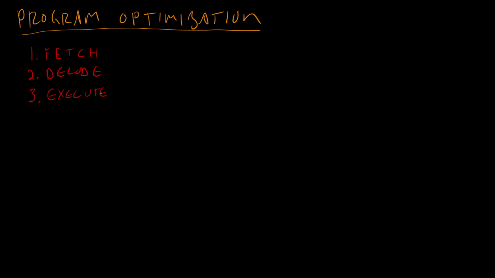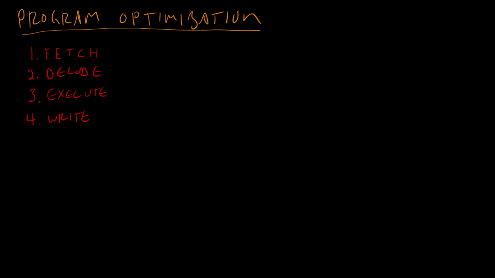And so, if it's a move statement, then move. If it's a call statement, then call. If it's an XOR, then XOR. Do whatever it is that it's supposed to do. And then the final step is to write the result of that instruction. Like if you add, then you write the added number back into the highest level of cache.